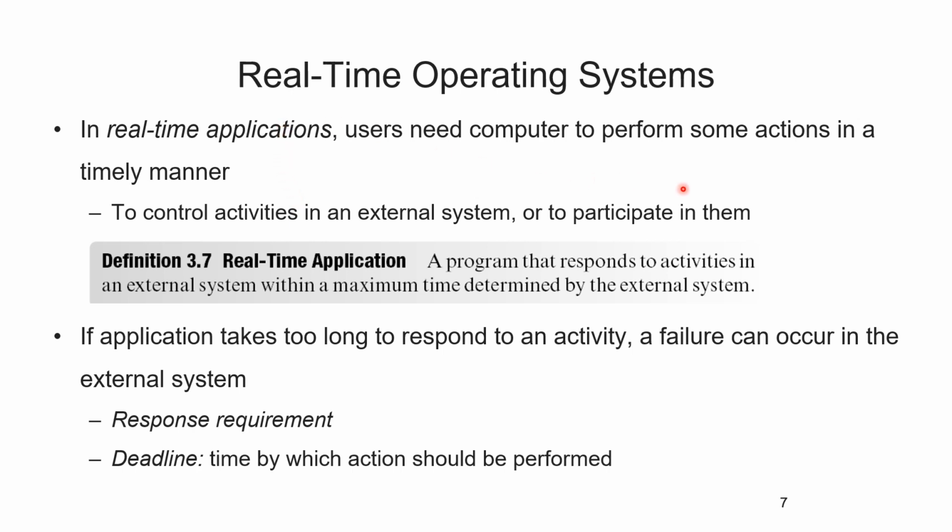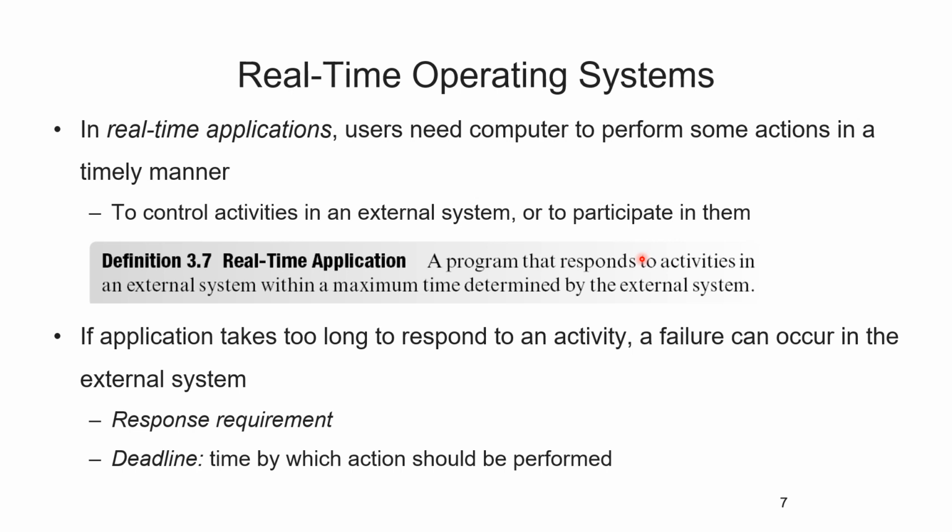Next is real-time operating systems. See, a real-time operating system operates in a timely manner with respect to the time constraints. Okay, so in this, the class of applications called real-time applications, the user needs the computer to perform some actions in a timely manner. So why in a timely manner? Because to control the activities in external systems or to participate in them.